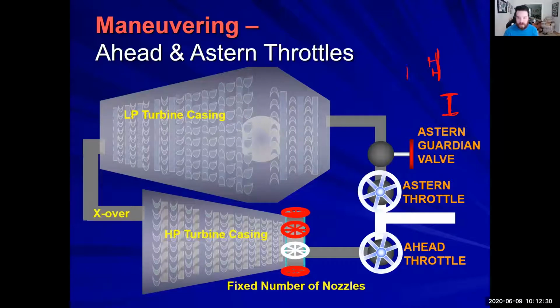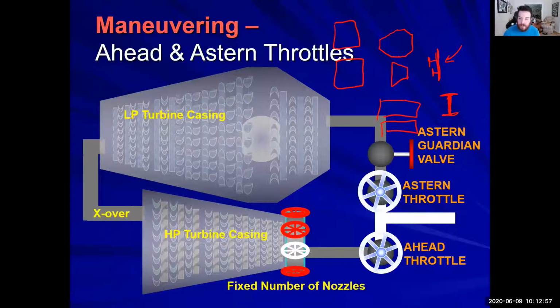You would have the HP turbine right here, and you have your LP turbine right next to it. You have both boilers sitting over here, and then your TGs over here. But this is your throttle box.